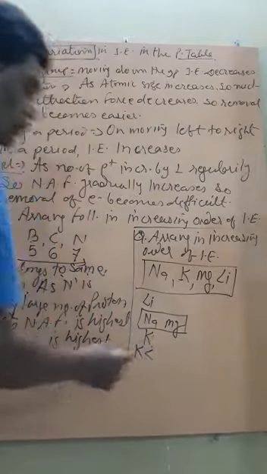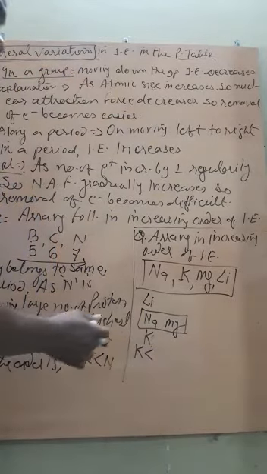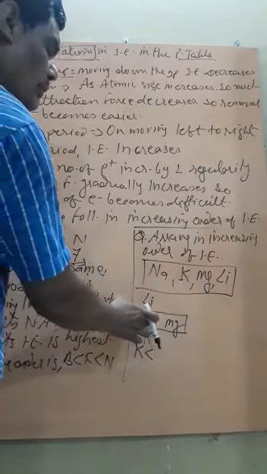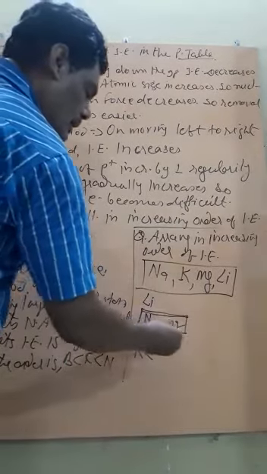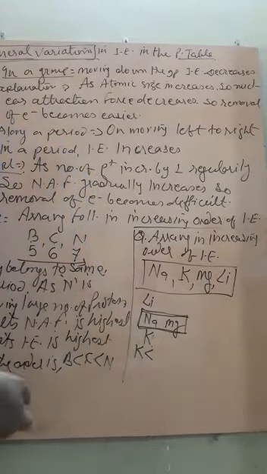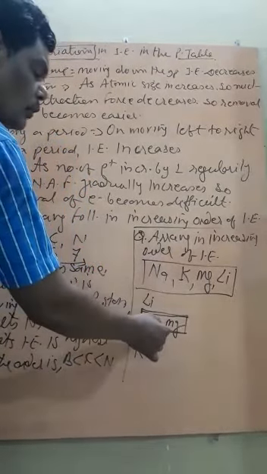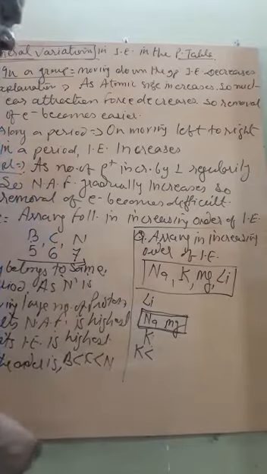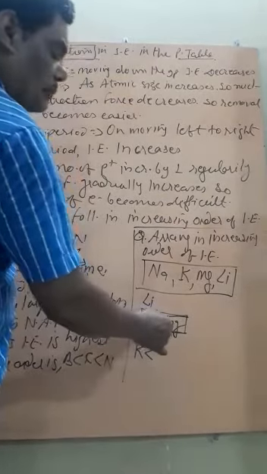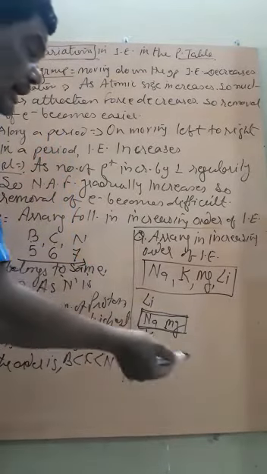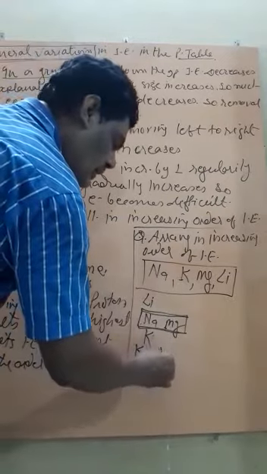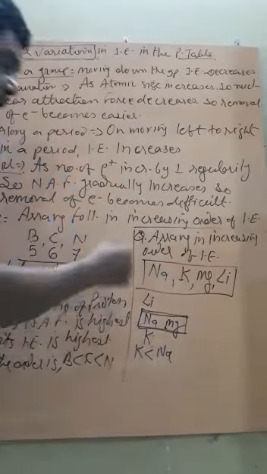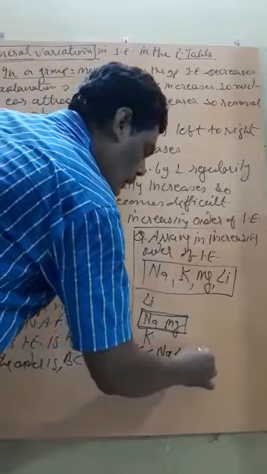Then compared to potassium, the ionization enthalpy will be a little larger for sodium and magnesium. But sodium and magnesium belong to the same period, having the same number of shells. But magnesium has more protons compared to sodium. That means the ionization enthalpy of magnesium will be higher than sodium. Therefore first there will be the position of sodium, then a little higher will be magnesium.